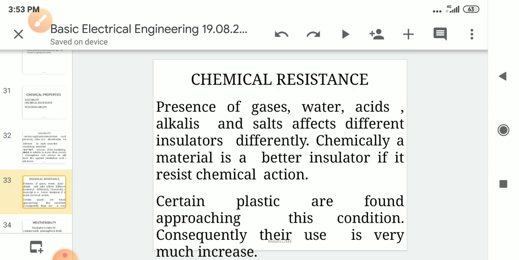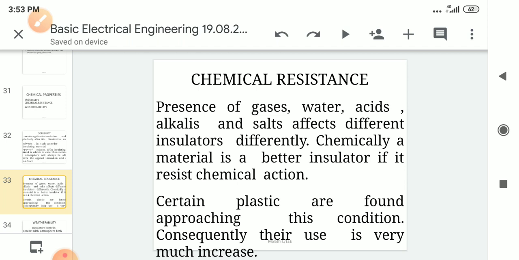Next, chemical resistance. The presence of gases, water, acids, alkalis and salts affects different insulators differently. Chemically, a material is a better insulator if it resists chemical action. Sometimes acid rains also occur.